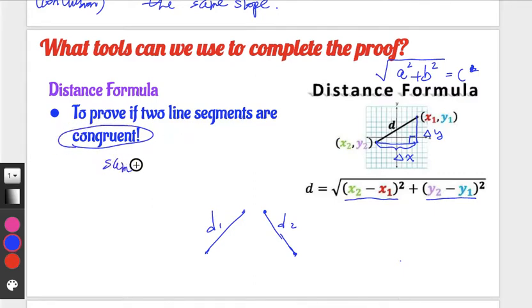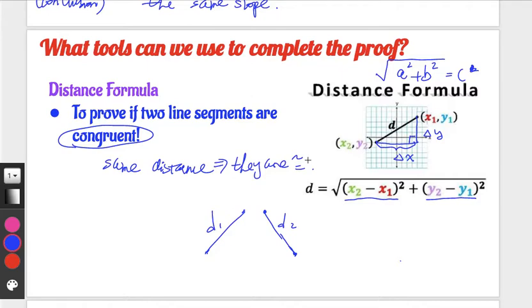So when two line segments have the same distance, meaning they have the same length, they are congruent. So that's the idea of using the distance formula. It can help us find the length of a segment, and when we compare, if they have the same length, of course they are congruent.